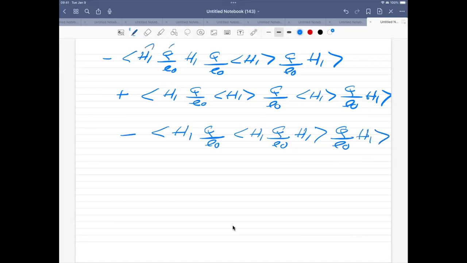And let's put hats on everything so we are consistent. Now, the interesting thing with these expressions and the Hamiltonian which we have chosen is that there is only one term which survives. So let's see that after we've put hats on everything.